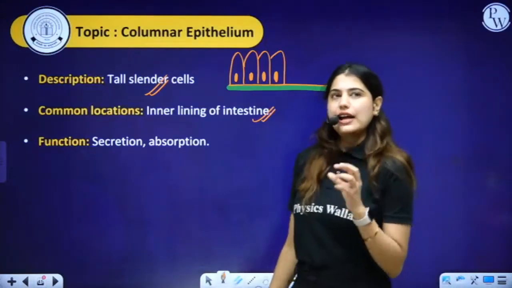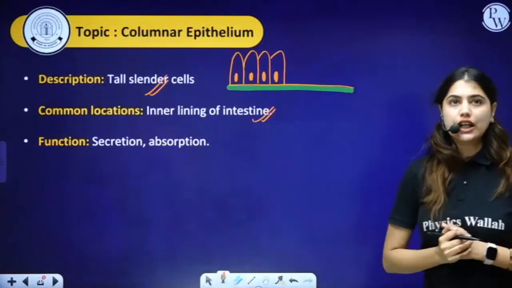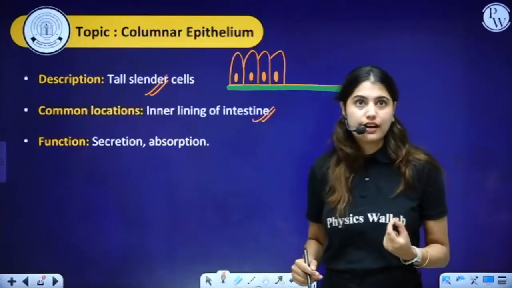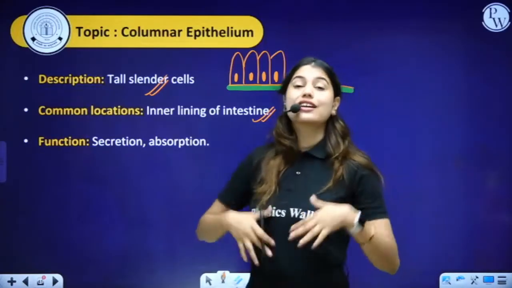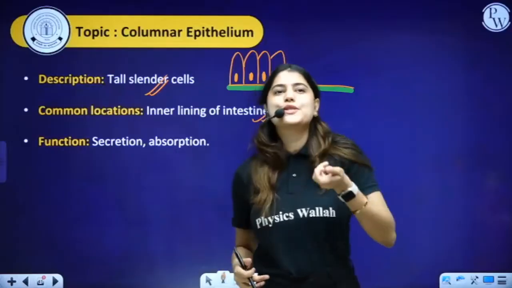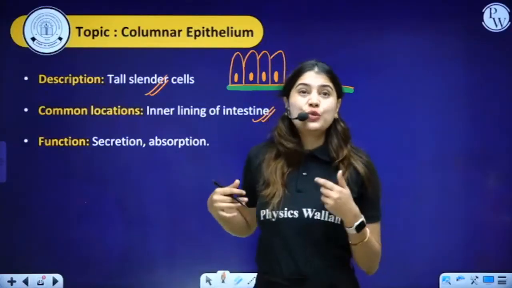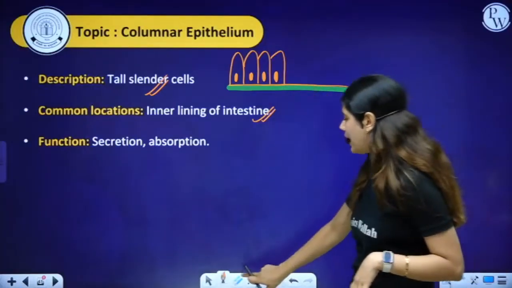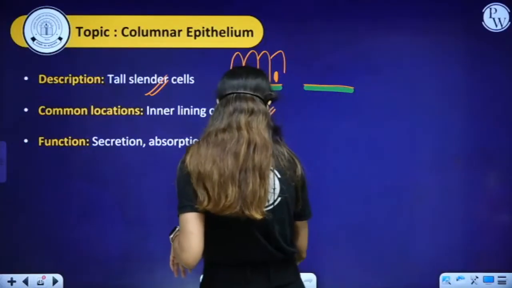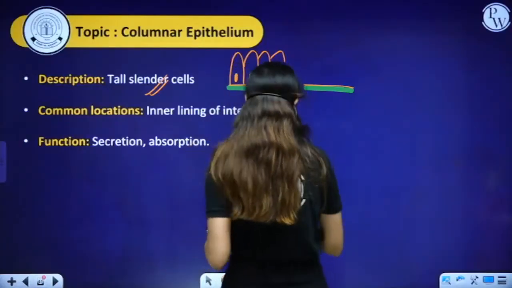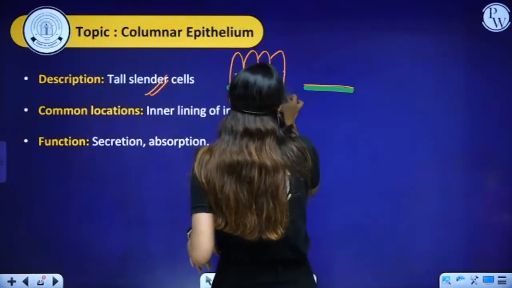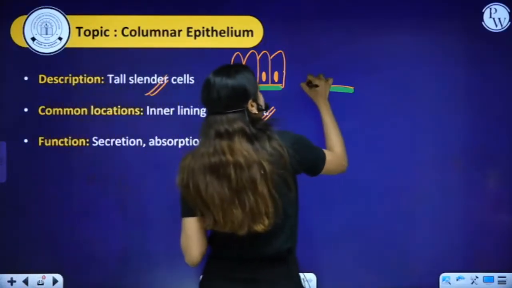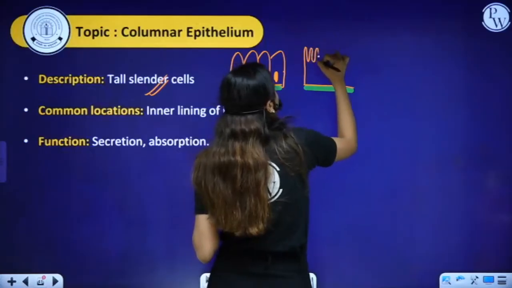Now, why am I mentioning the inner lining of the intestine? The function of the intestine, the part of my digestive tract, is to absorb the digested food into the blood, right? For that, if we see the columnar cells here, there is something unique. The plasma membrane is having folds.